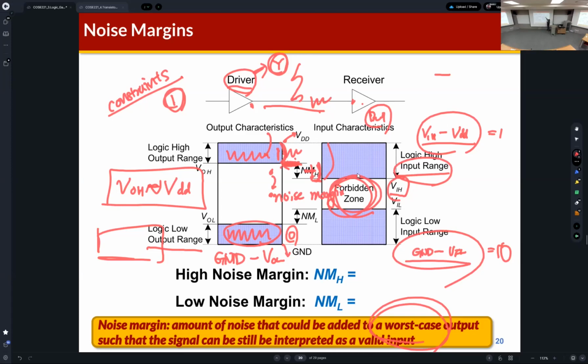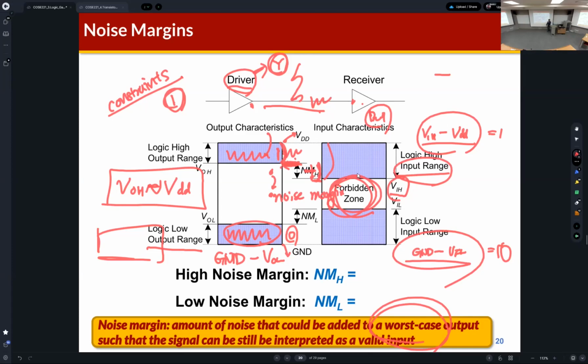And also we need to define the input constraint. As you can see, this input range is wider than the output range. Why?